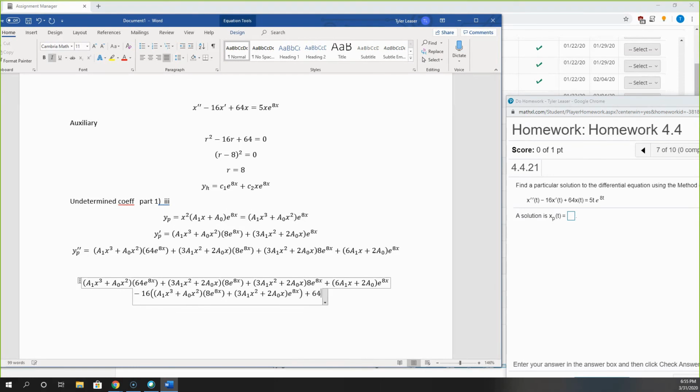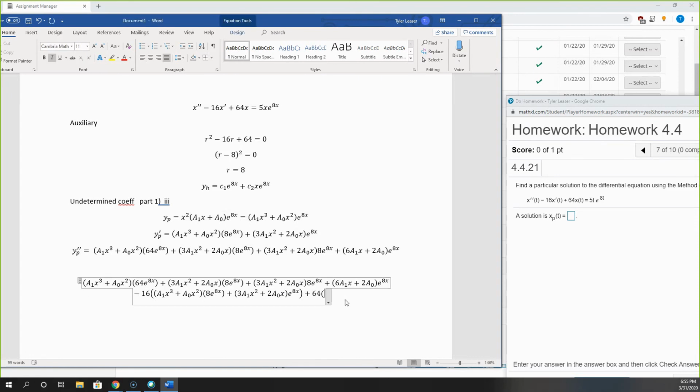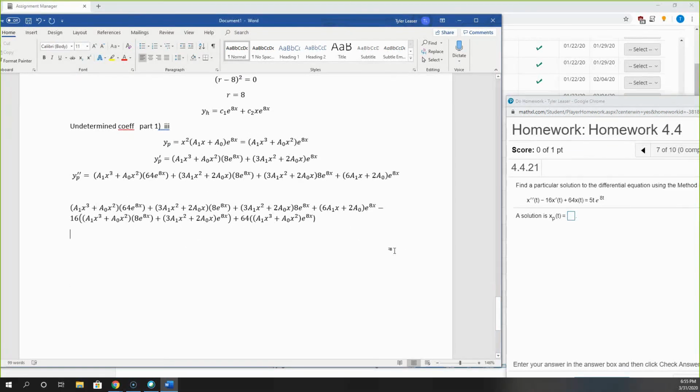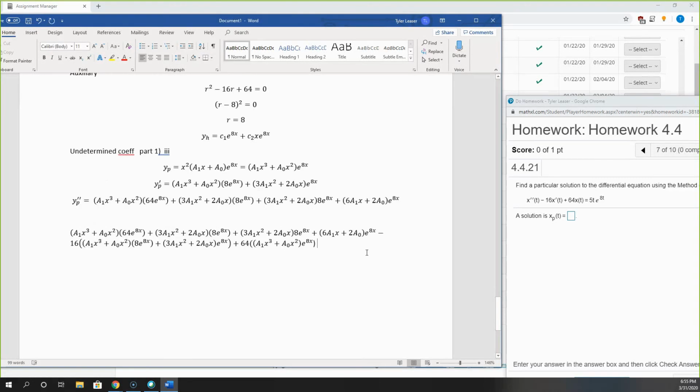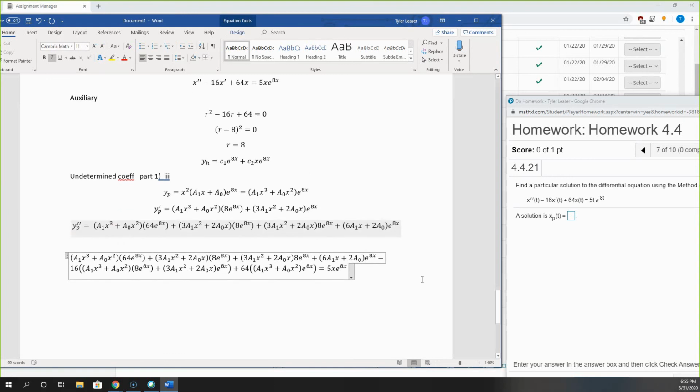Plus 64 times this awful looking thing here. All right, cool. And it's still equal to the other side, 5x e to the 8x.